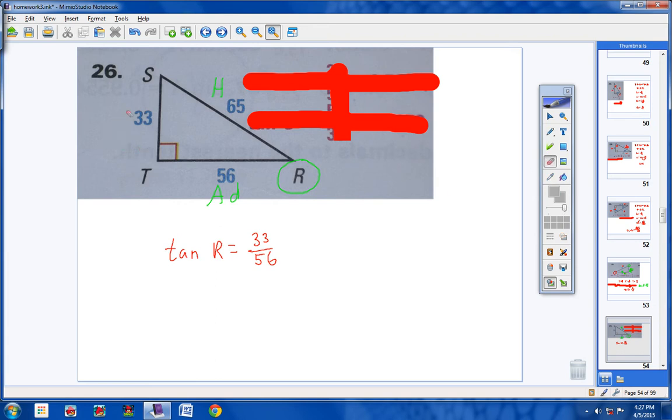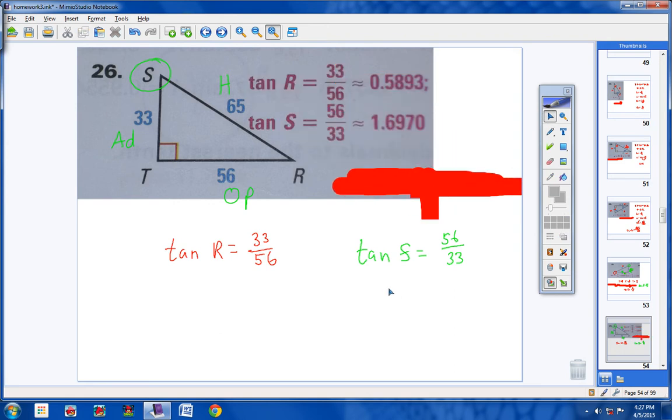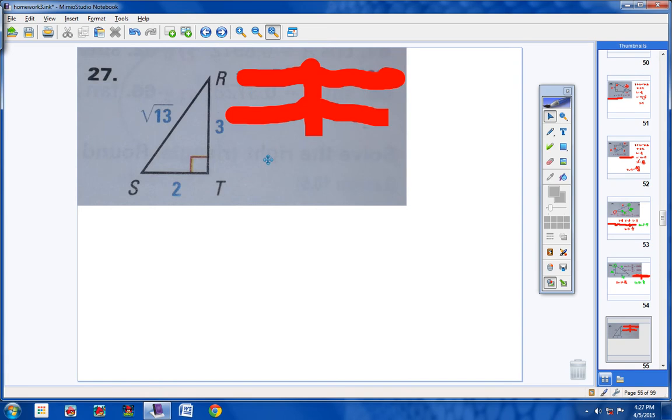Now, next, let's find the tangent of S. So you circle the angle you're dealing with, go straight across. This is your opposite. This is your hypotenuse. This is your adjacent. So the tangent of S would be opposite over adjacent. Okay? Moving on to number 27. There's the answers. Number 27.